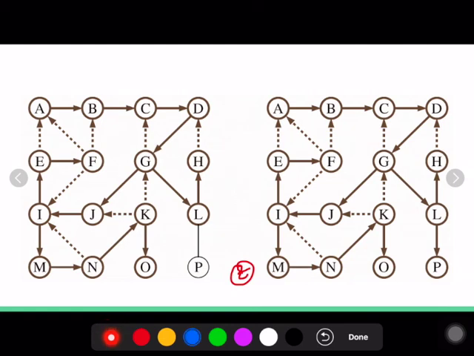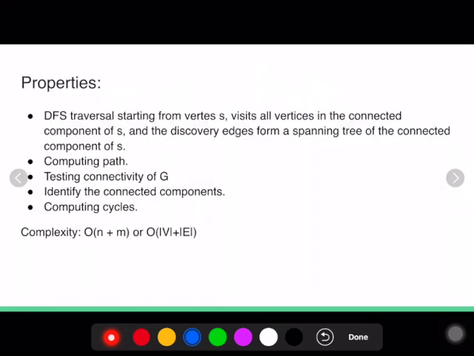Initially DFS will run on this particular graph starting from A. It explores all the edges that are there in this graph, and it terminates after visiting P. But when it terminates at P, the DFS algorithm will know that it has not visited all the vertices in the graph, because Z is yet to be visited. So what will DFS do? DFS will run again on Z. By knowing how many times the DFS algorithm is actually running, we can understand how many connected components are there in the graph.